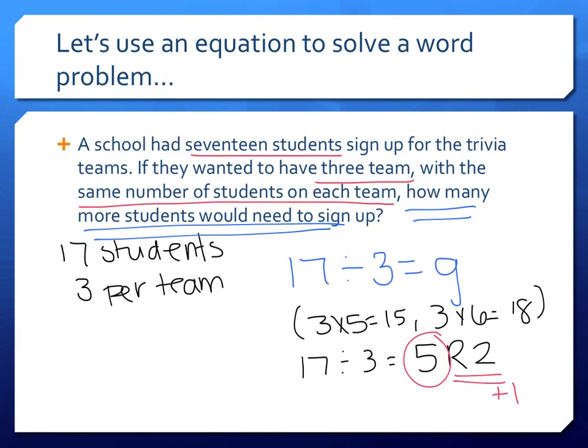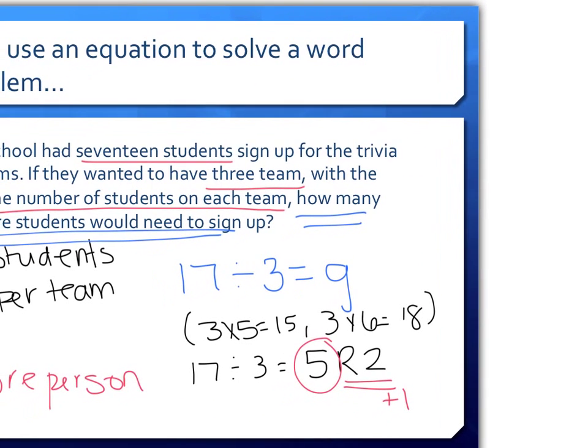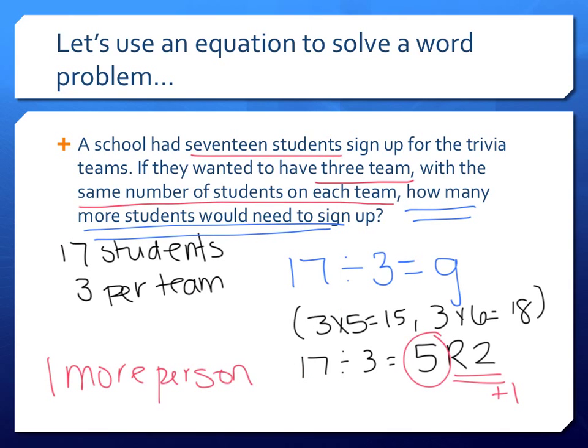So how many more students need to sign up? 1 more person is the answer to the question. So looking at my work, I see my equation, 17 divided by 3 equals g, and I see the answer to my word problem, 1 more person.